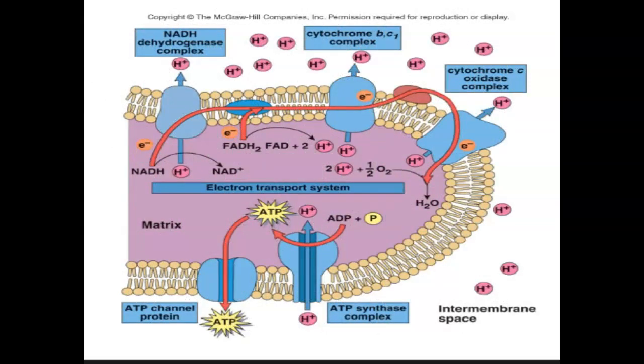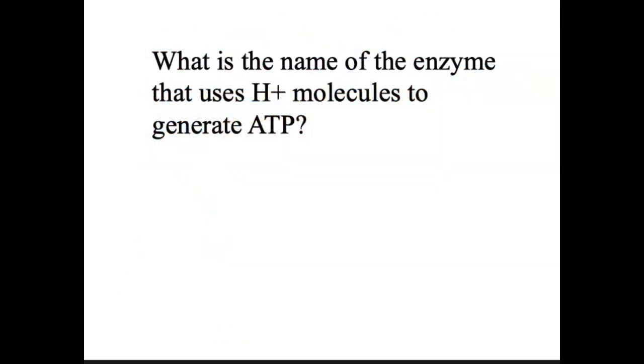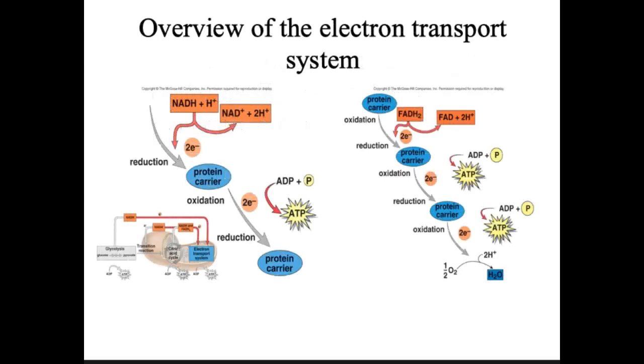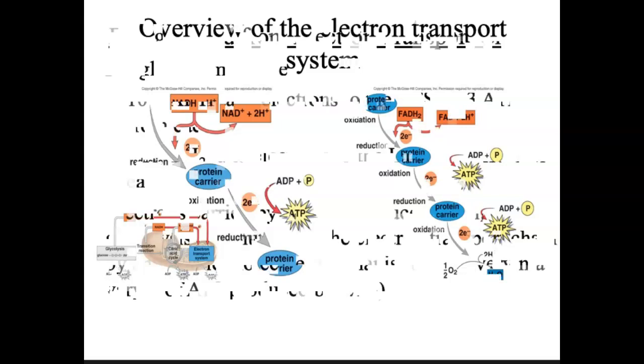Here you can see a visual of this. The hydrogens go through ATP synthase, and as they go through, you can see a whole bunch of ATP is going to be produced. The enzyme that does this, again, is called ATP synthase. This is one view of the hydrogens going through and generating ATP.